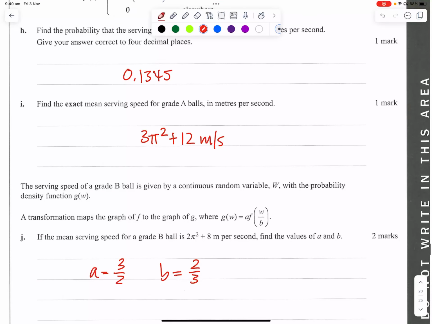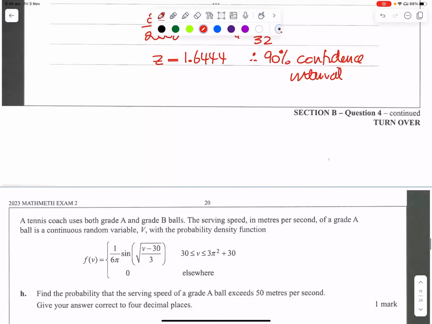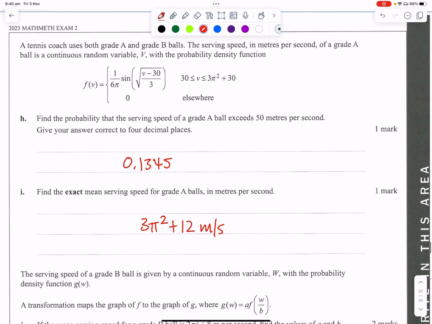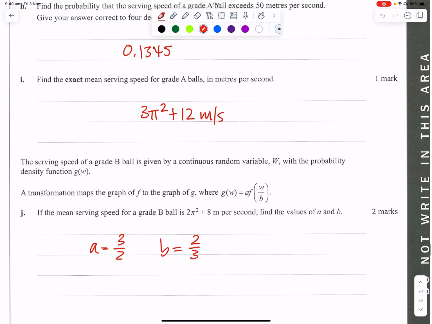I'm pretty sure that's right. So what was our... We could use integration and find that, but I can't be bothered right now. Hopefully it's correct. I'm pretty sure it is, but yeah.